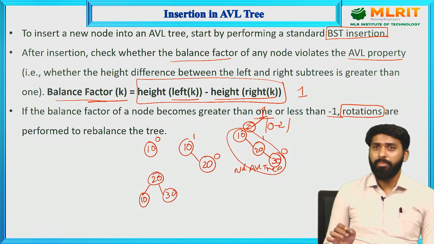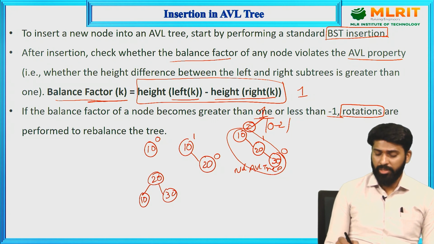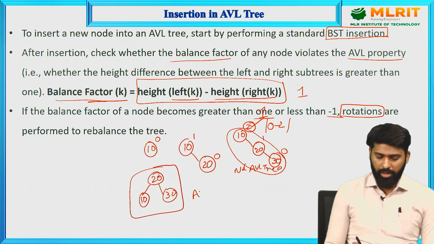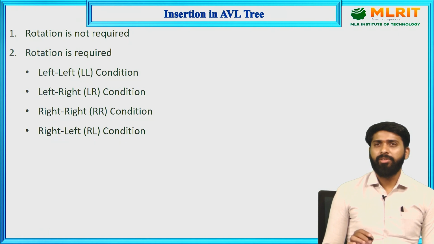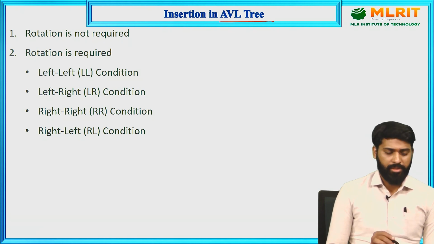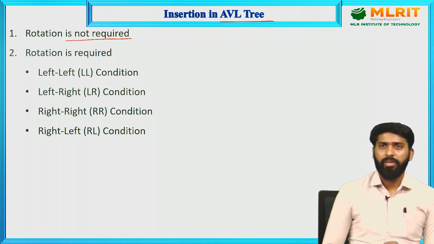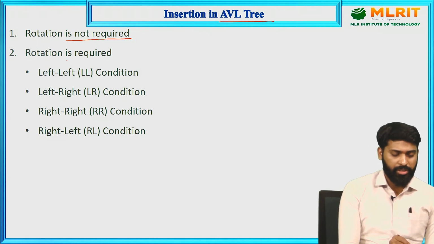By using some rotations, we change this previous tree as like this. So this tree we call as AVL tree. When we try to insert any node in AVL tree, we have two cases. One is the rotation is not required, another case is rotation is required.